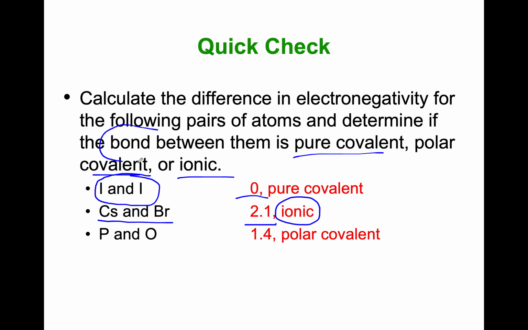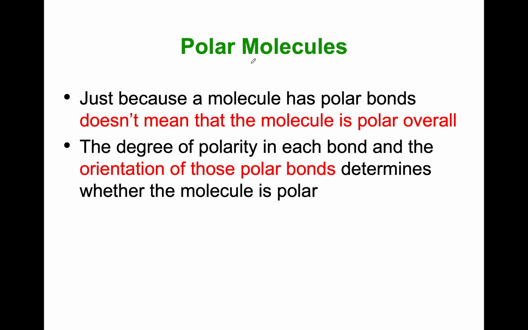I really want to emphasize, you can have polar, nonpolar, and ionic bonds. Well, now we also want to know about the polarity of molecules. Just because a molecule has polar bonds, that does not mean that it's a polar molecule. So we really want to emphasize the difference, bonds versus molecule.